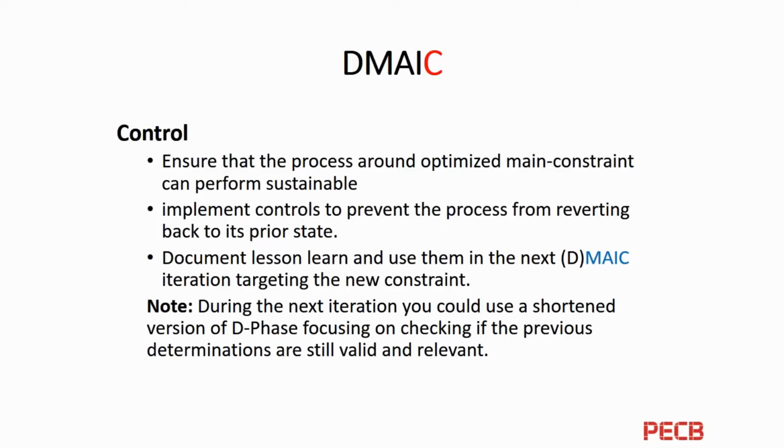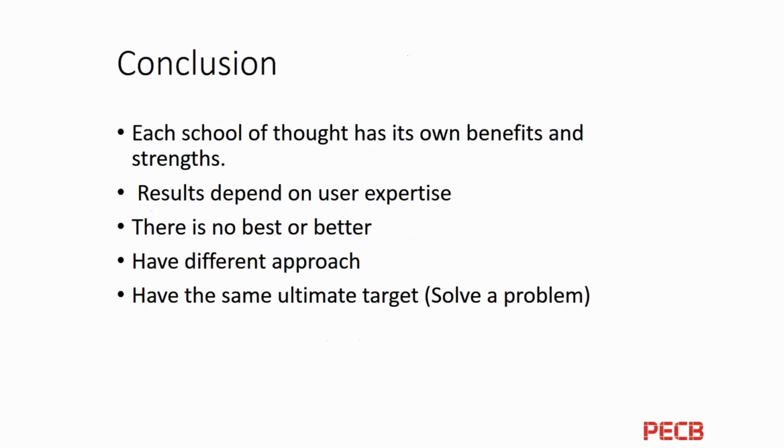And that's exactly what I said earlier. During the next iteration of Six Sigma and theory of constraints combined, we can skip the first phase and use a shortened version of it, focusing on checking the previous determinations and seeing if they are still valid and relevant.